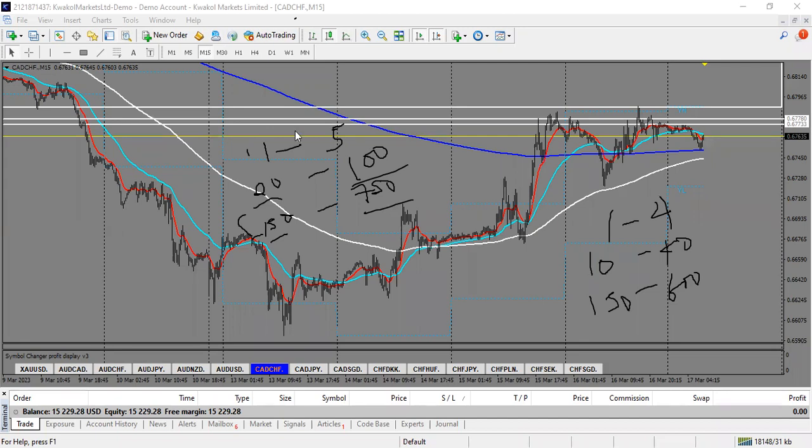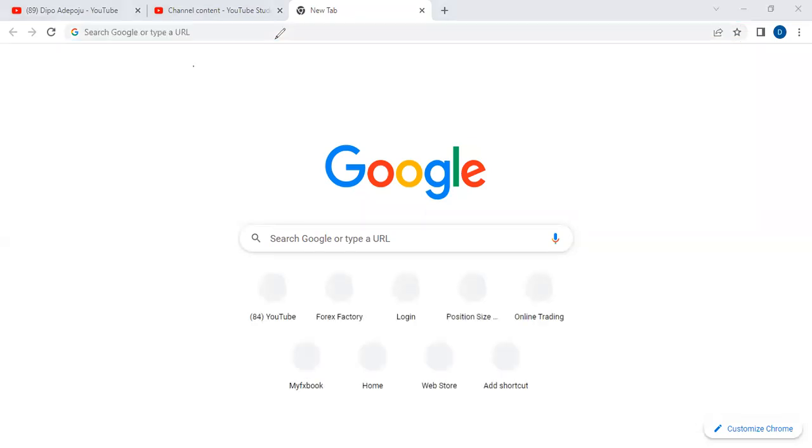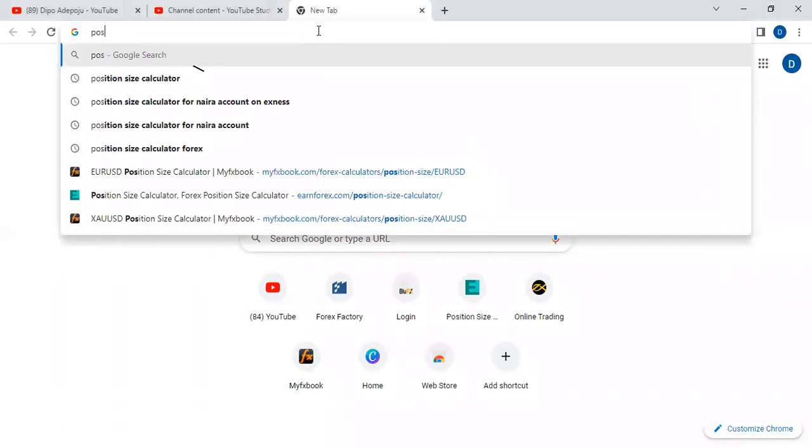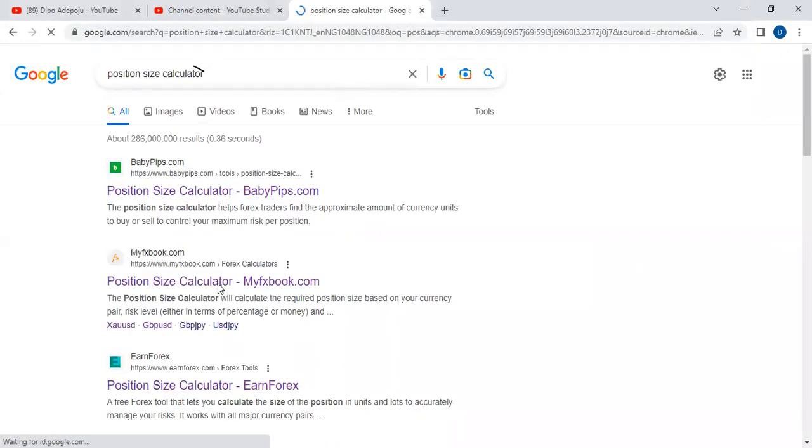I know there's an indicator you can use for this, but I prefer using the simple form because it is quite simple to use. I'll type in position size calculator, and I prefer to use the one from FX Book. So I'll click on FX Book, and it will bring it out for me.